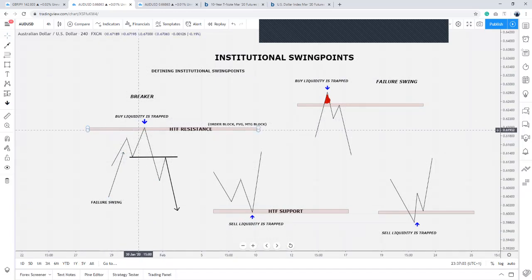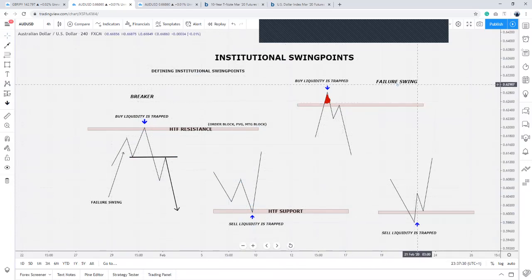That means you're getting the market at the most premium price possible, at the most discounted price possible. That's where you're getting your trade. So the breaker offers the most premium price and the most discounted price, because this is where the market makes its original turning point. Okay, so now let's go down to the failure swing.